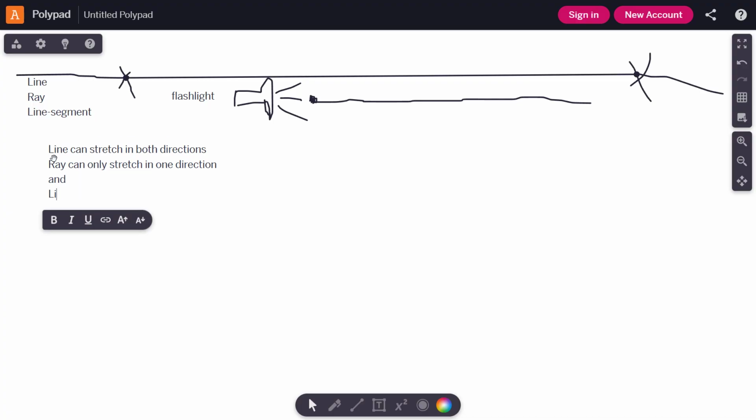And a line segment can only, well, not can only, but cannot stretch in both directions. Okay. This is the difference between line, ray, and line segment. Alright. If you understand this, then let's move on.